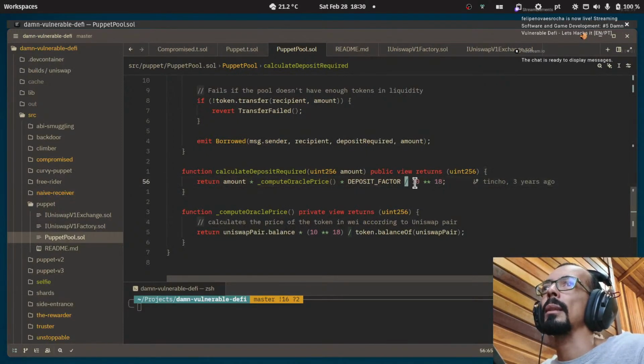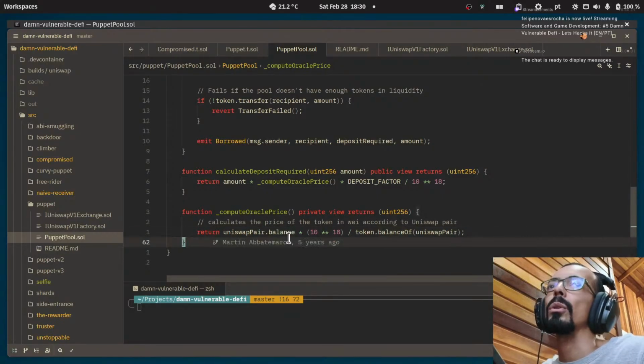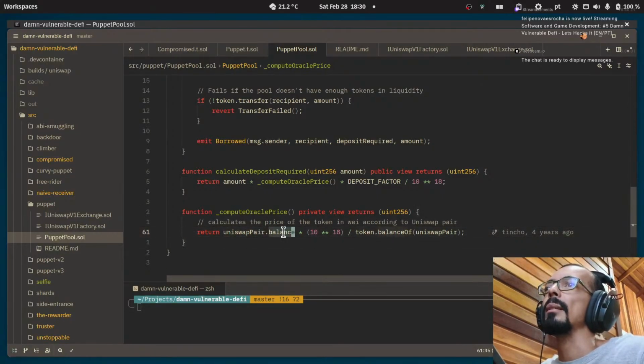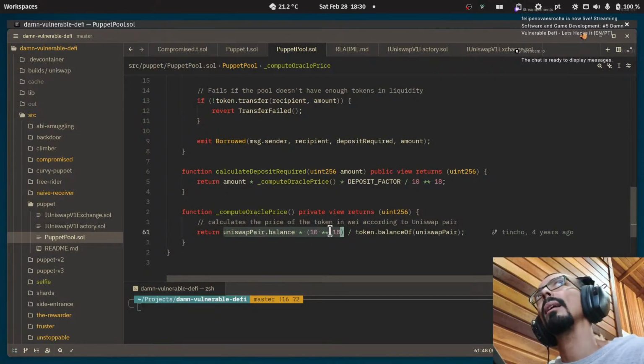And that divided by this is gonna be 0 and 2. So the amount required is gonna be 0. To make that 0, I just need to have these as 0 too. If I have the balance as 0, I don't think it's possible because I don't have control over this. No, I kind of have.